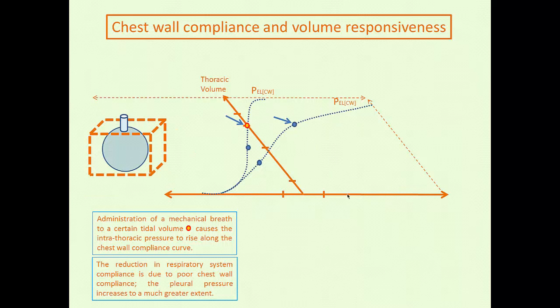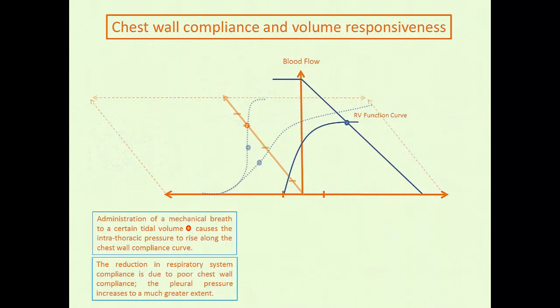Much greater increase in intrathoracic pressure. So this is the patient we saw a few slides ago with the poorly compliant chest wall, the stiff chest wall, but the pulmonary compliance may be normal. So as you inflate that balloon in the box, the balloon's going to press out against that stiff wall and increase the pressure between the two of them to a much greater extent.